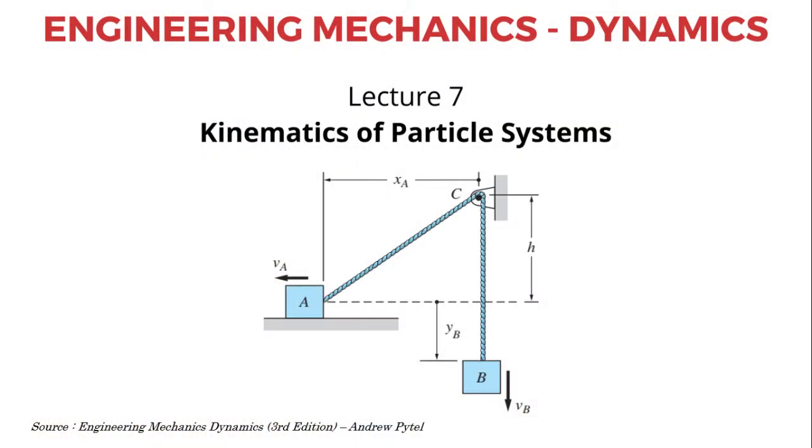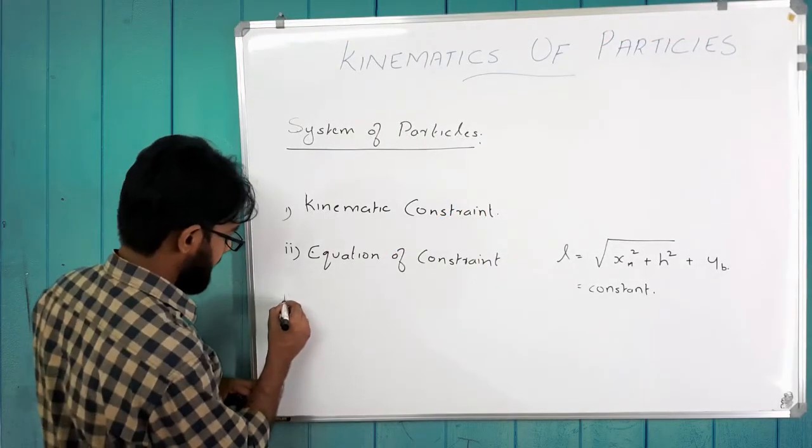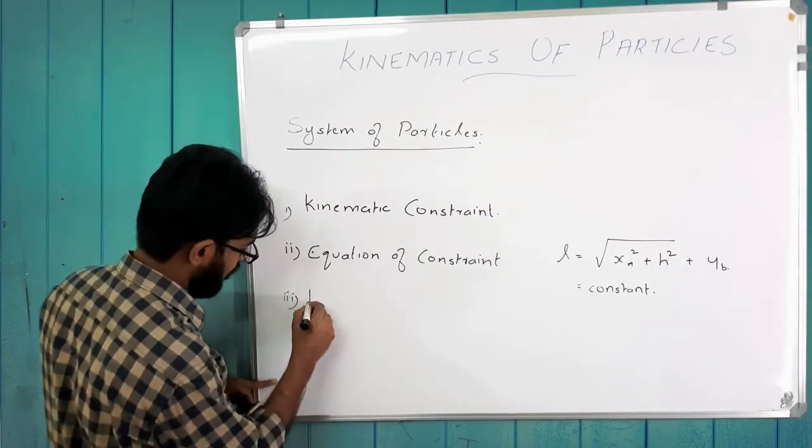You can also see that both xa and yb are dependent on each other. So I can choose any one of them to be a kinematically independent coordinate.